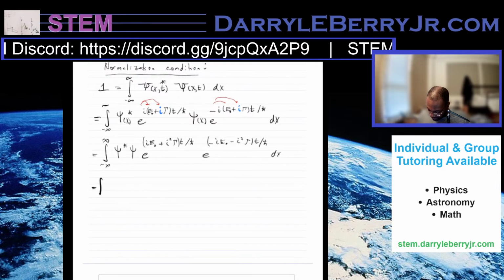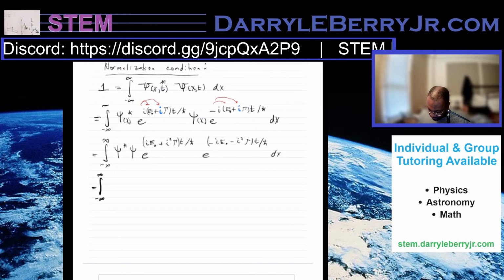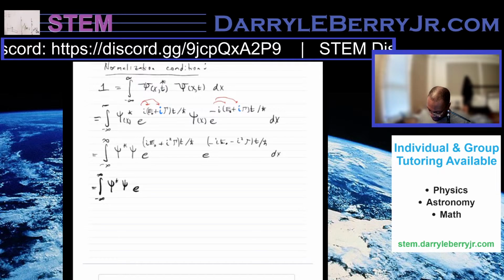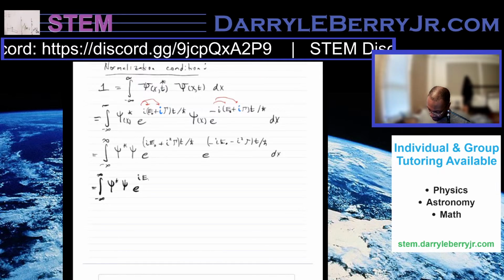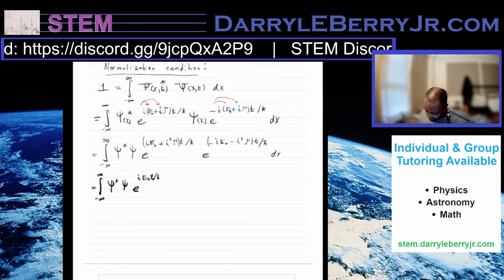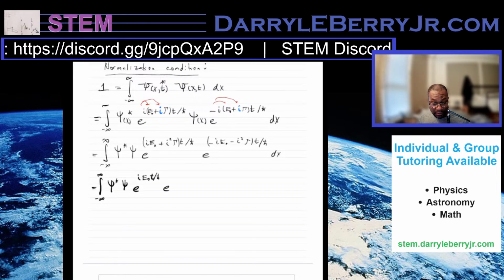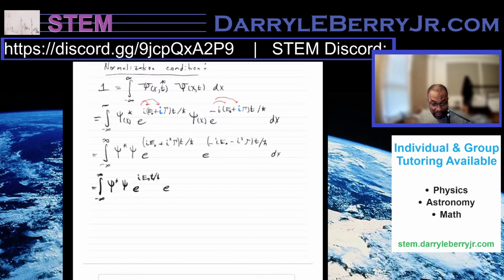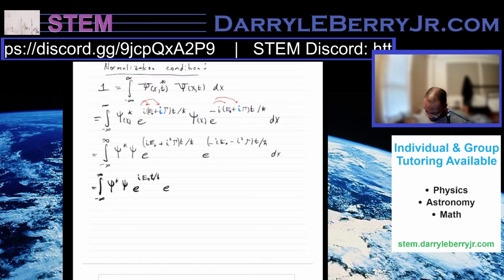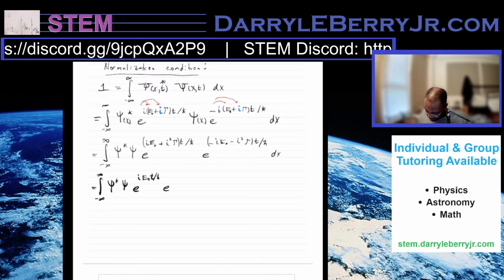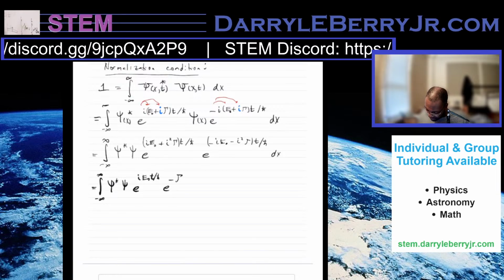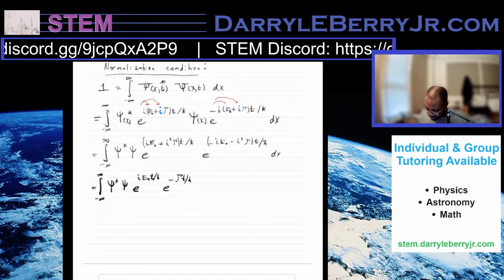And I'll break these into two exponentials. We have psi star psi. So this would be e to the i e naught t over h bar, then e to the negative lambda t over h bar.